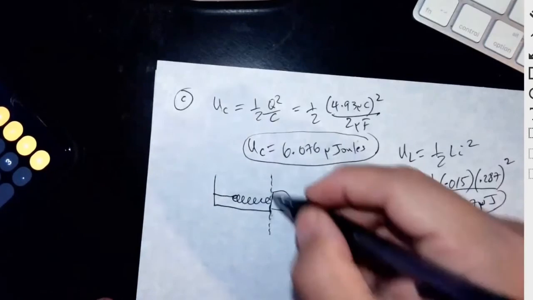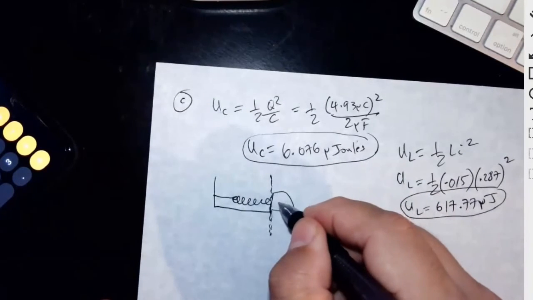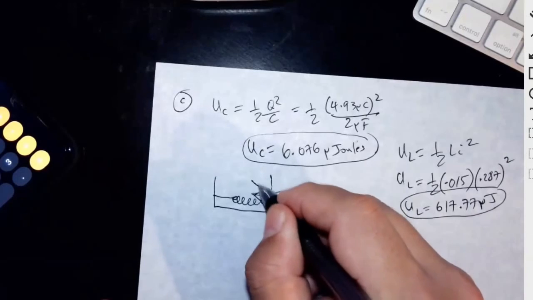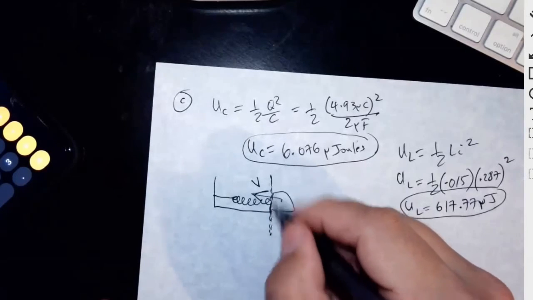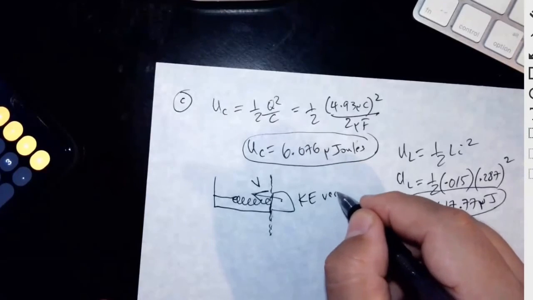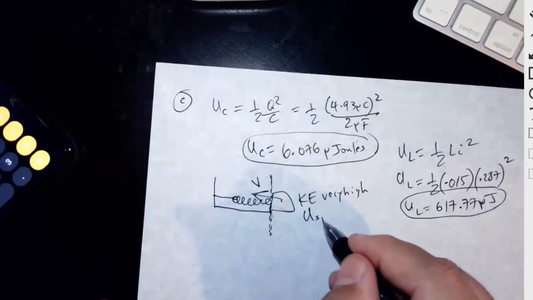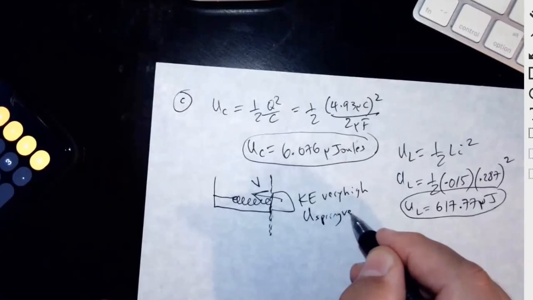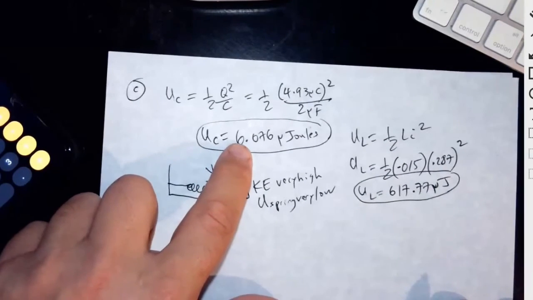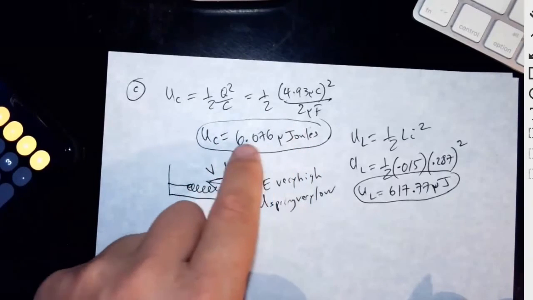When would that happen? Near the natural equilibrium position of the block. The block would be going, let's say it's compressing, the block would be going very fast near the equilibrium position. So the kinetic energy is going to be very high, but the potential energy of the spring is going to be very low. So you see, at 120 milliseconds, the energy stored in the capacitor is very low, right?